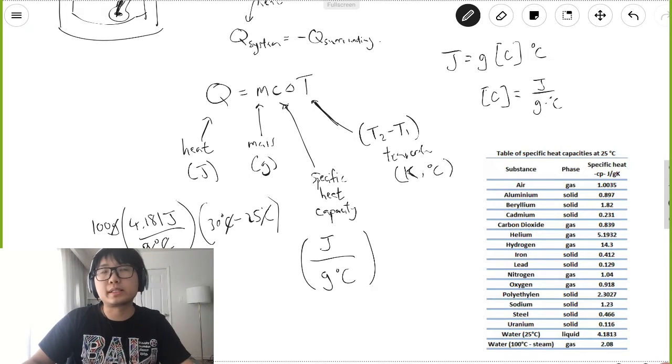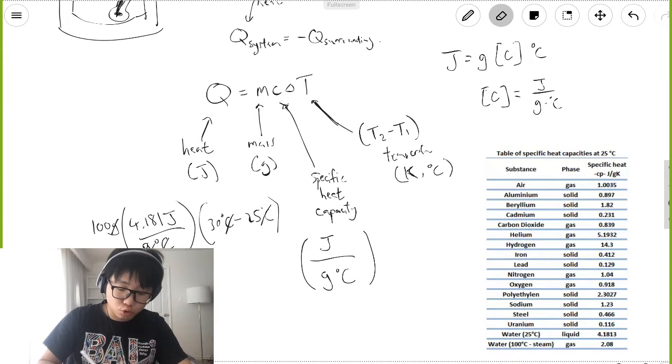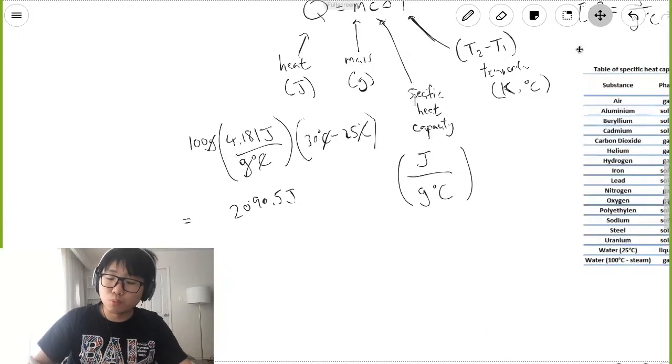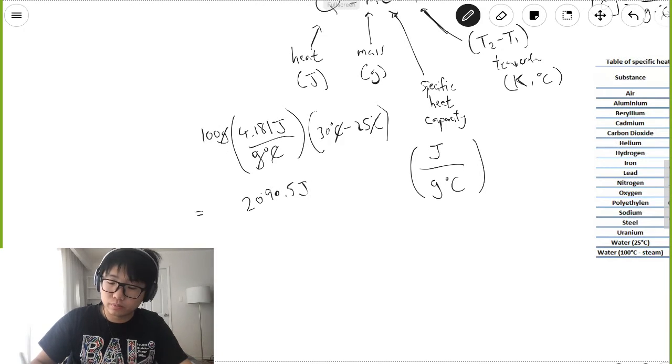All right, so what is it saying? This is saying that water probably had to absorb this amount of energy, specifically 2090.5 joules of heat, right? Then what can we say about the reaction?